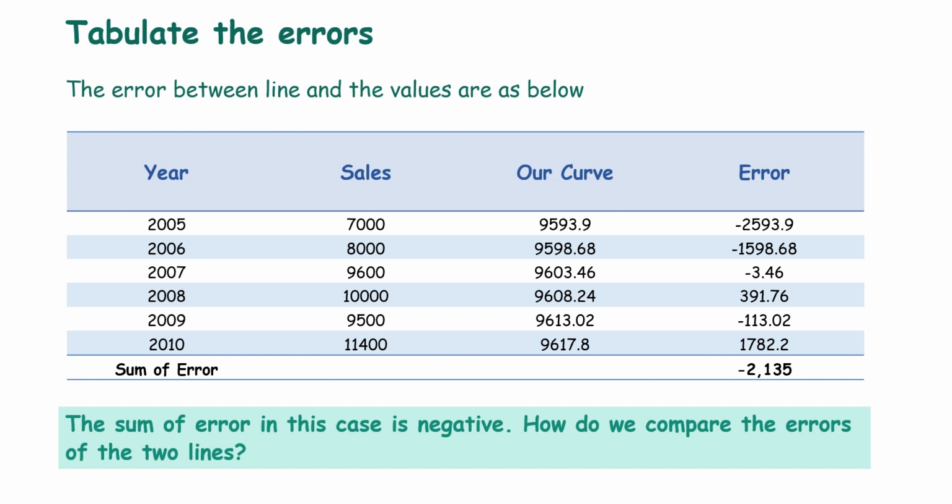Now, if I add all these, they could become zero. Let's hypothetically assume you have a line which has both positive and negative errors, and when they sum up, it becomes zero. Is that the best fit line for a given data set? It's not, right? It may not be.